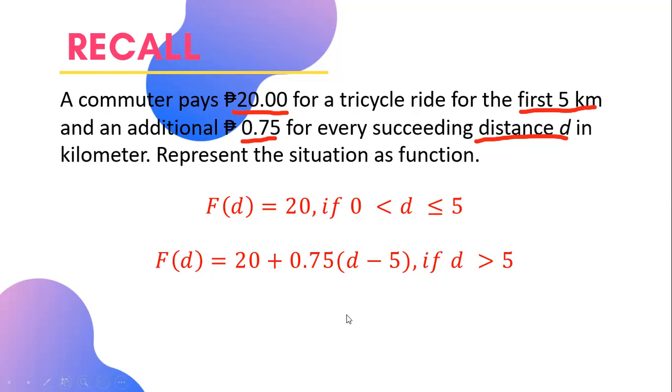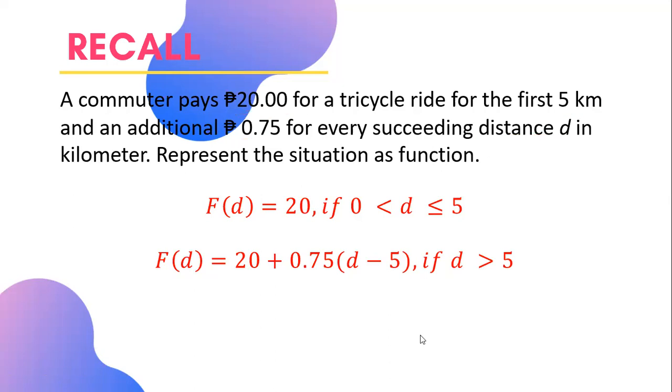To find how much you will pay for 7 kilometers, 7 minus 5 is 2, and 2 times 0.75 is 1.50, plus 20 pesos. So you need to pay 21 pesos and 50 centavos for traveling 7 kilometers. That's how we use this piecewise function in real life situations.